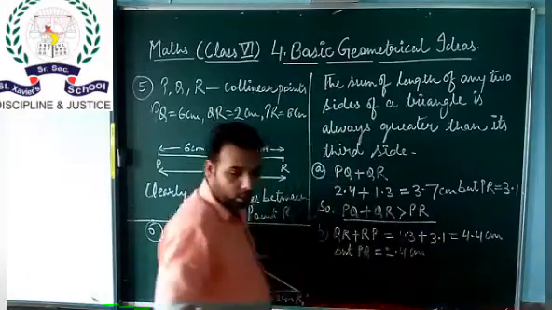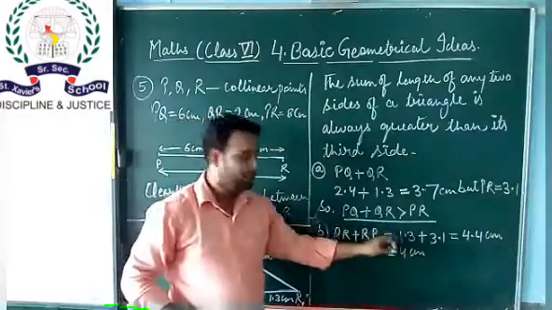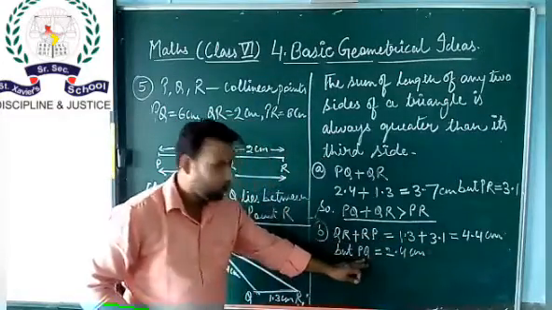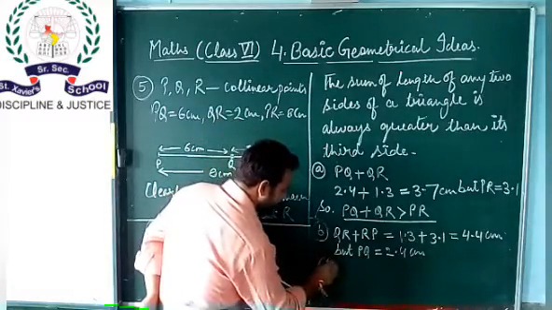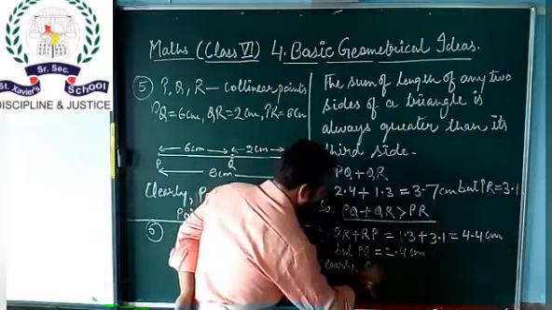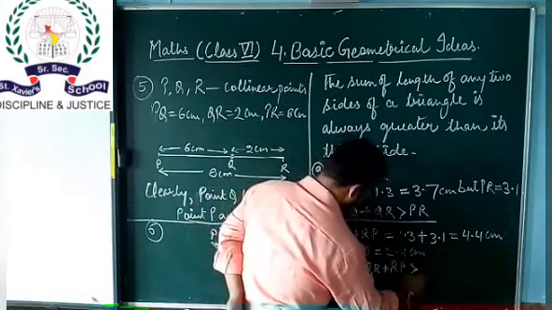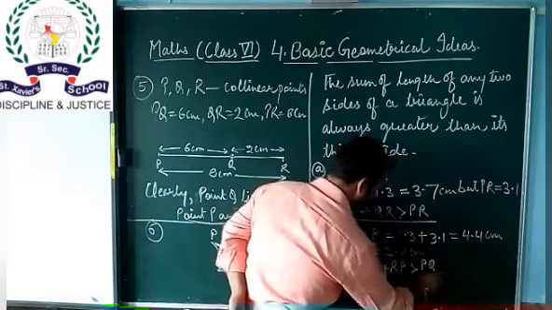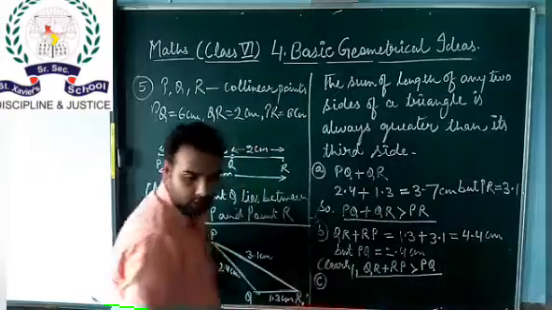It means it follows this property also. The sum of these two sides is greater than the third side. Clearly, QR plus RP is greater than its third side PQ. Third condition, C.